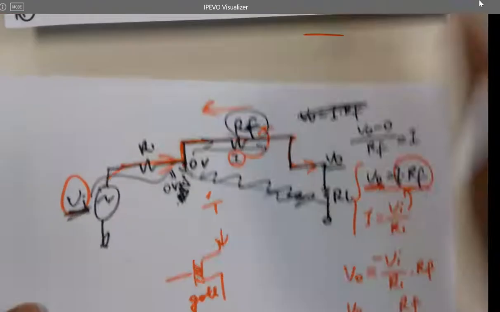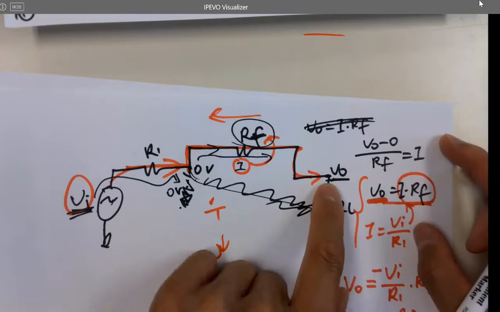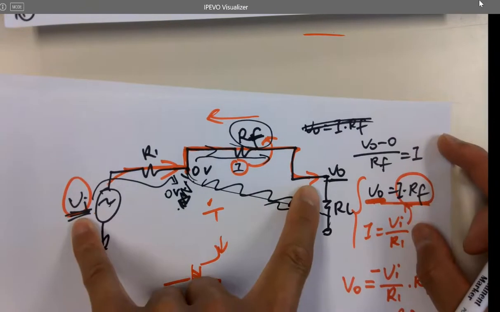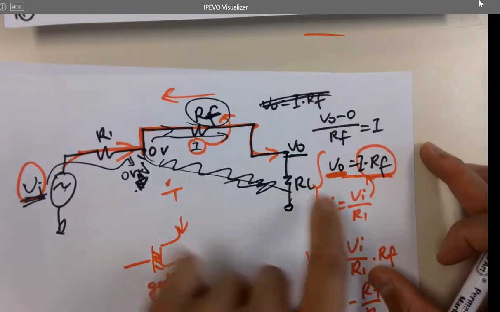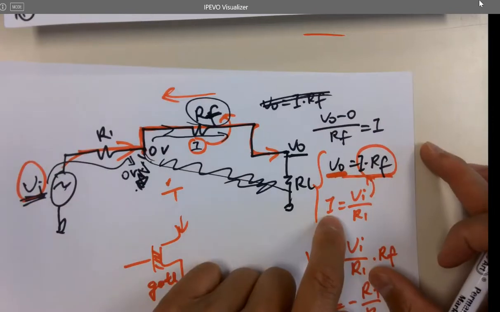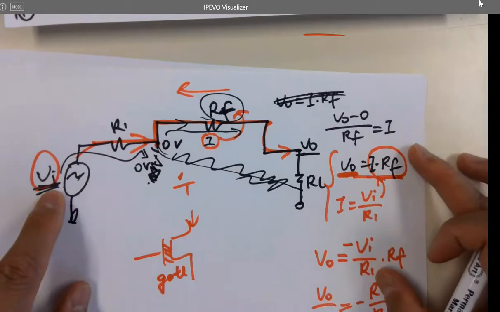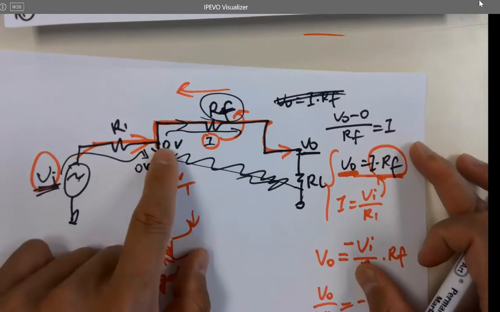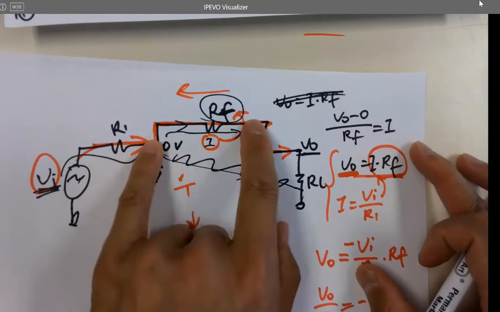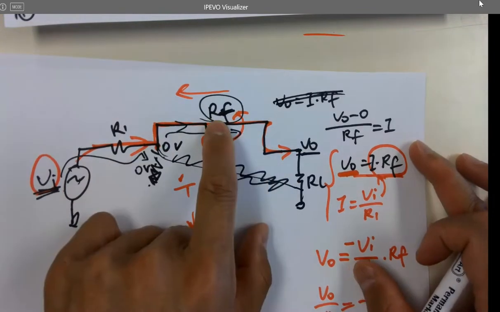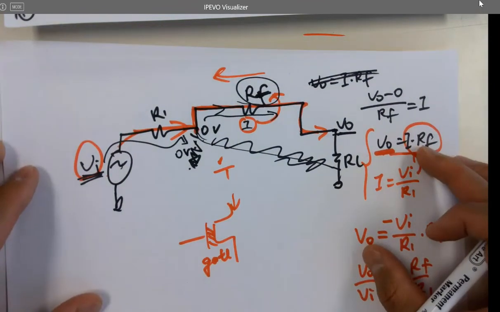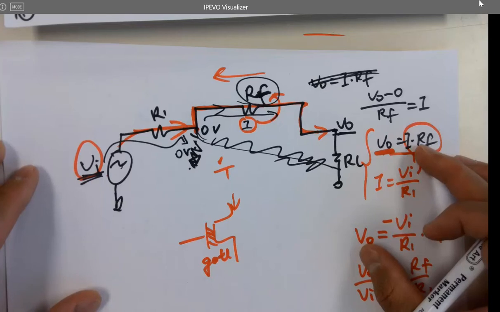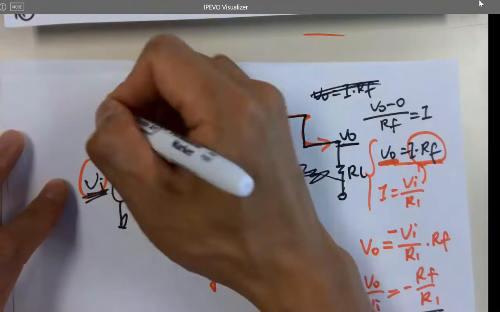You are thinking, I have a voltage here and the voltage is getting amplified. Why am I saying it converts current into voltage? When you derive it, you're looking at the current, not voltage. So the voltage source actually provides a current to the circuit, and the current gets converted into voltage by RF. So the voltage drop across R1 is just VI over R1.